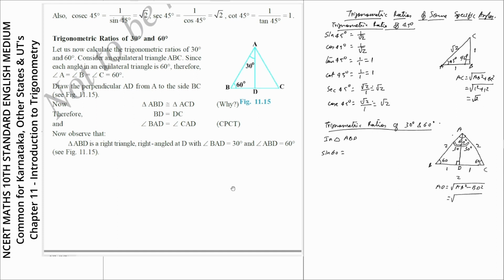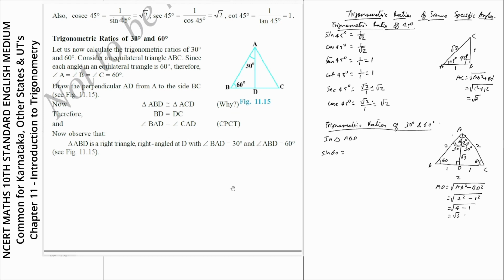So this is equal to square root of 2 square minus 1 square. So 4 minus 1. So this is equal to square root of 3. So AD I will get as square root of 3. So this I got according to Pythagoras theorem. Altitude AD will be equal to root 3.